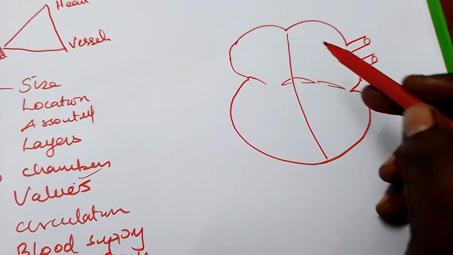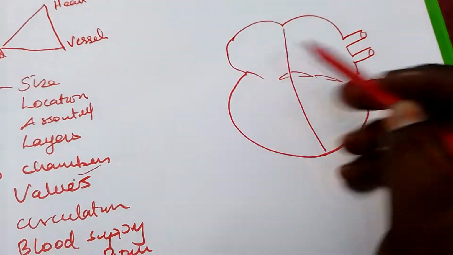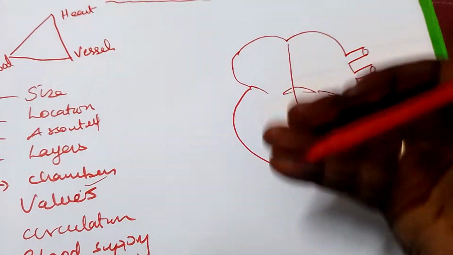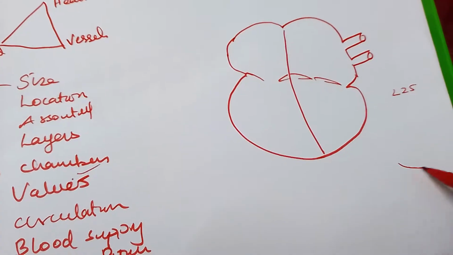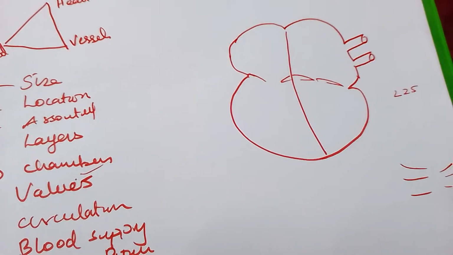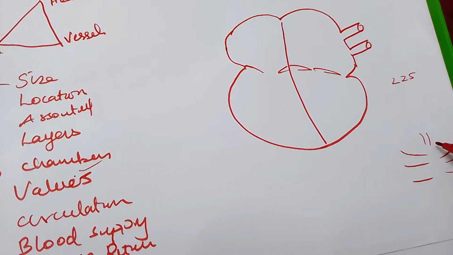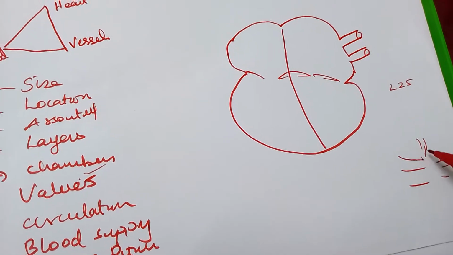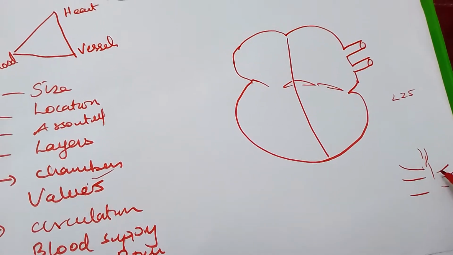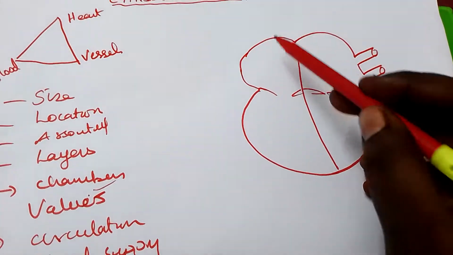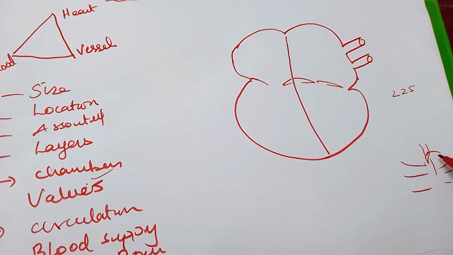And the heart has layers, and there are associated structures present around the heart. Anteriorly, in front of the heart, the sternum and ribs are present. Posteriorly, the esophagus, trachea and right bronchi are present. Superiorly, the great vessels are present, like the aorta, which passes from the heart.